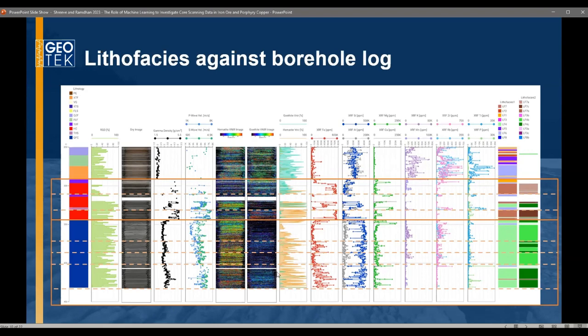So by using unsupervised clustering, we can create a data-driven approach to predict lithology. Not only that, we can see the heterogeneity within lithology. We've applied this across the entire region of the QF region here using the LEAP core scanning data. So this is just one way of using machine learning or data science to predict this.